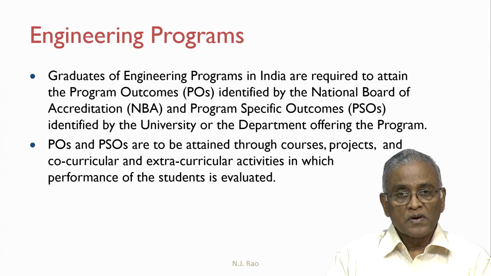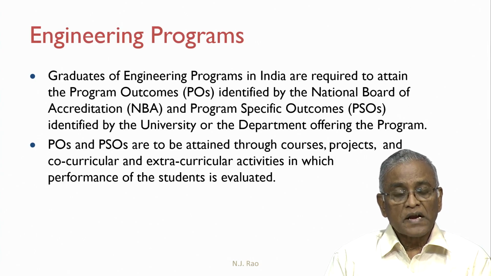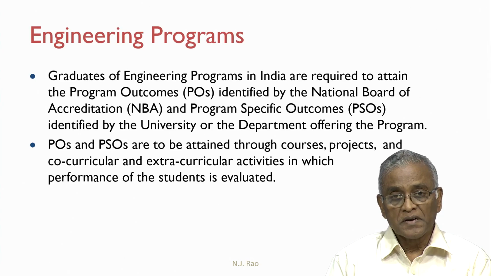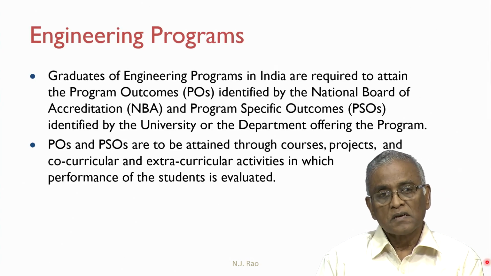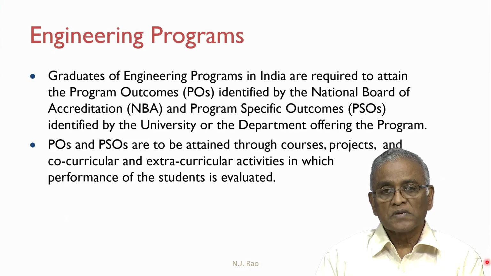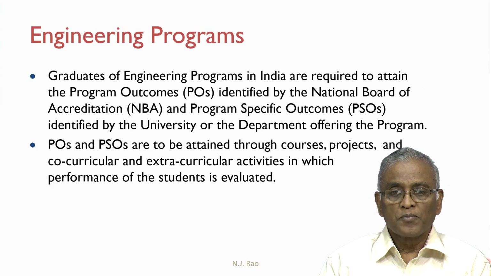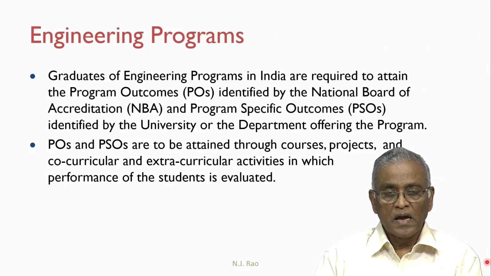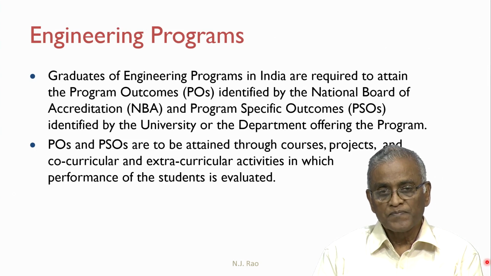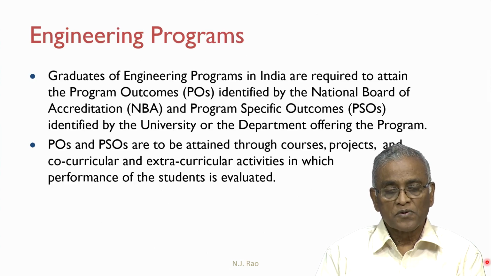Graduates of engineering programs in India are required to attain a set of program outcomes identified by the National Board of Accreditation, and program specific outcomes identified by the university or the department offering the program.